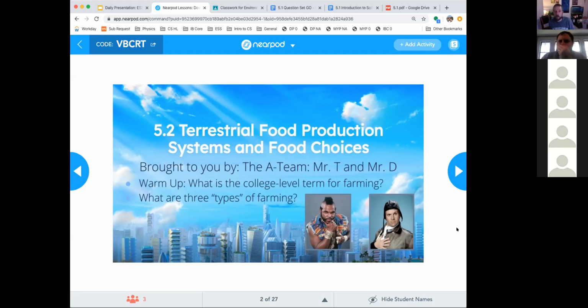All right, so 5.2 is all about food production. Okay, so terrestrial means what? Terra, Spanish, terrestrial, not extraterrestrial, not in another land.